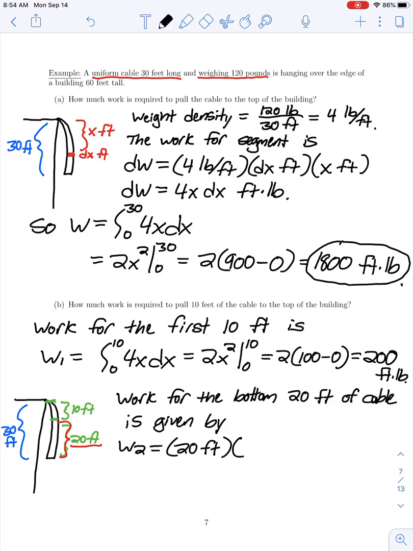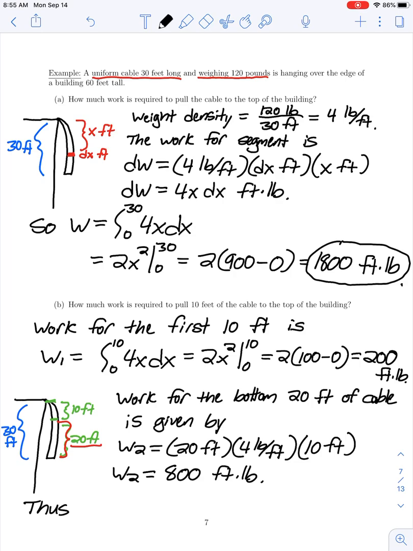In part A, we said this cable weighs 4 pounds per foot. So the total weight of that bottom 20-foot section of cable would be 80 pounds. And the distance that we're moving that bottom 20-foot section is 10 feet. So in pulling up the first 10 feet of cable, we're lifting that bottom 20-foot section a total distance of 10 feet. So here we would have 20 times 4 would be 80 times 10 is 800 foot-pounds.